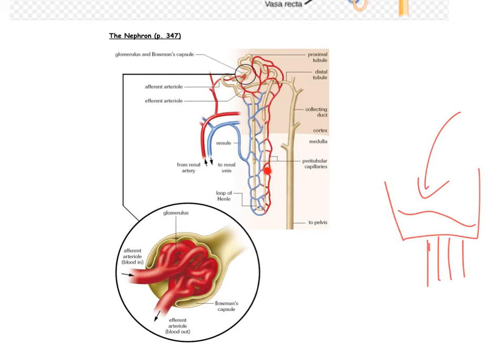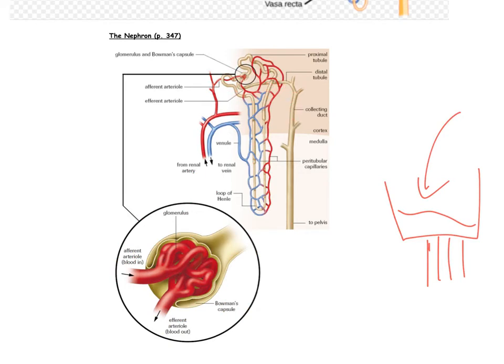That is called the loop of Henle. The loop of Henle, I kind of like that name. So proximal tubule to loop of Henle, and then back up through what's called the distal tubule, or sometimes the distal convoluted tubule. Distal just means distant or far away. The distal tubule leads into something called a collecting duct.